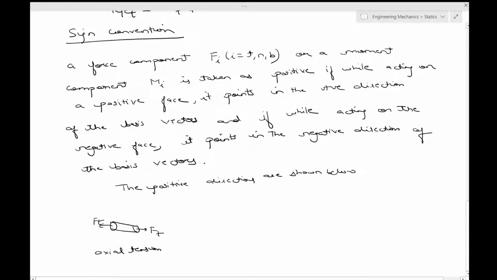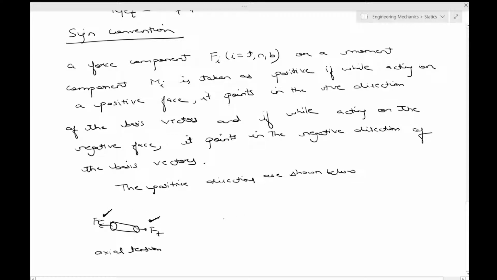This is positive because it acts on the positive face and points in the positive direction of the basis vector. If it acts on the negative face, it points in the negative direction of the basis vector. So both of them are shown with a positive sign.